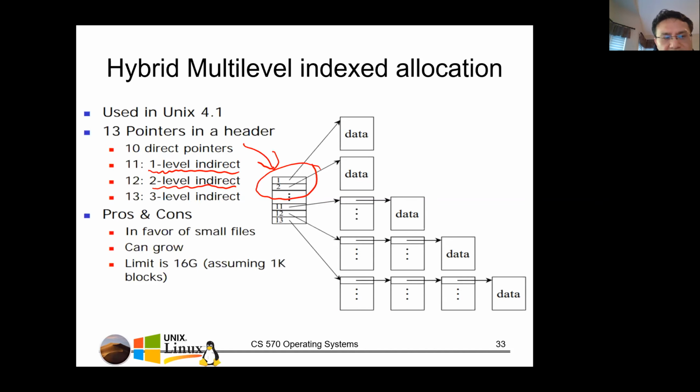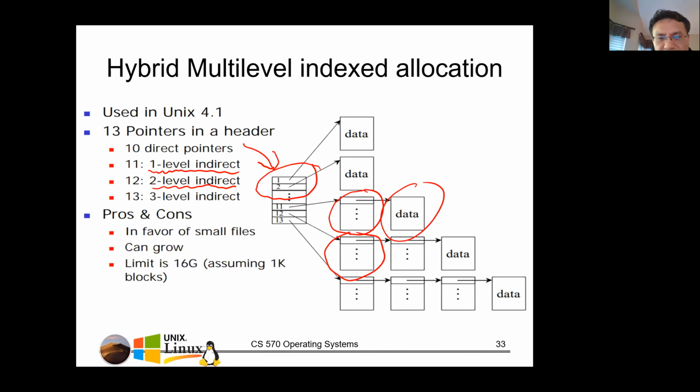The single indirect points to another table, and each entry of that table points to a physical data block. The double indirect points to a table of single indirects.